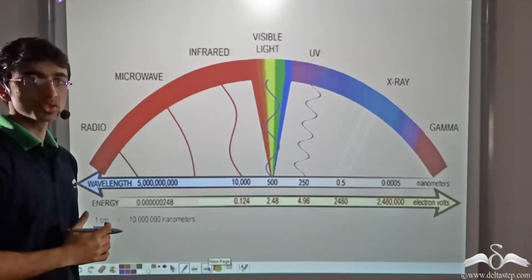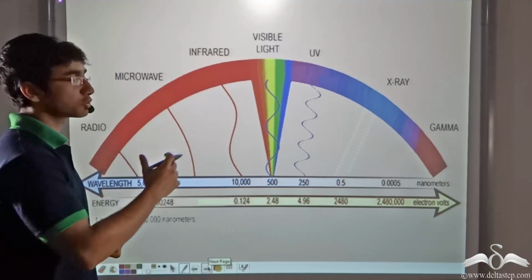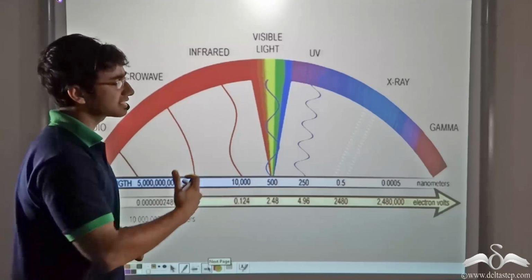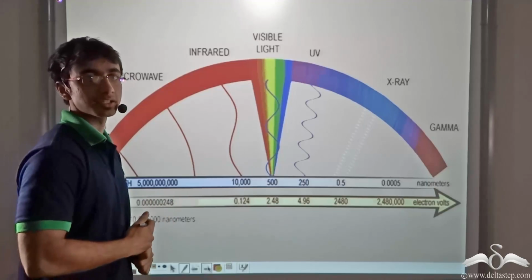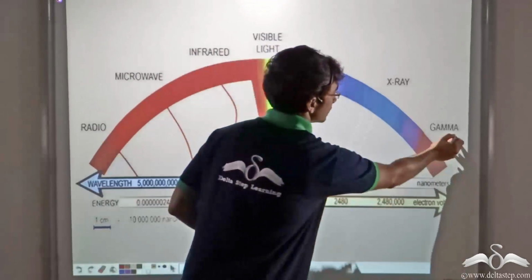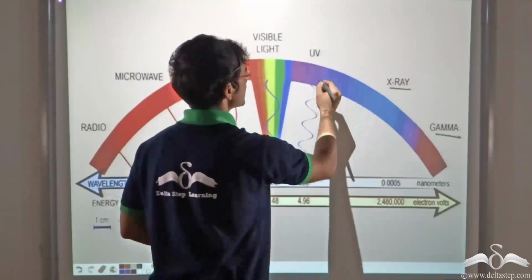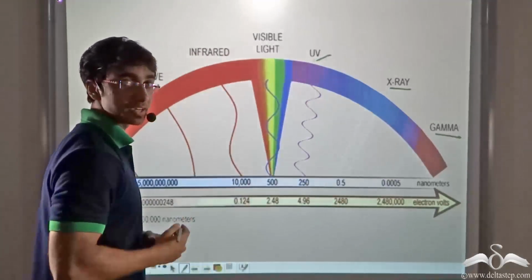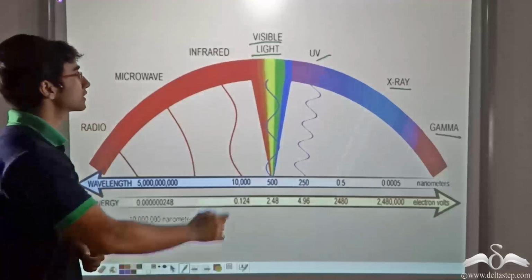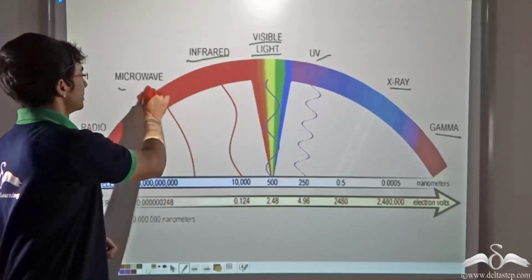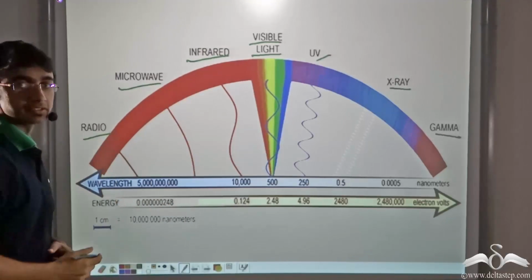Here you find what is known as the complete electromagnetic spectrum. This gives a listing of the different kinds of rays emitted by the sun. They are the gamma rays, the X-rays, the UV or the ultraviolet rays, visible light that we are able to see, infrared rays, microwaves and radio waves.